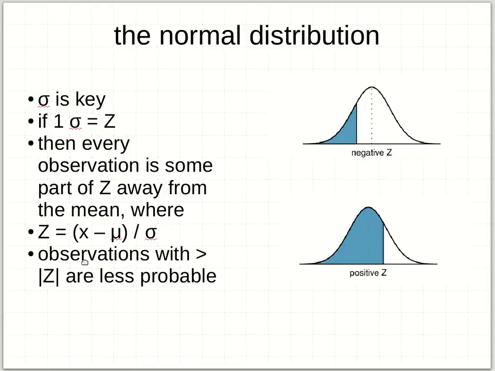And observations with an absolute value of z that are greater than some number are then less possible. So if I wanted to think about a low probability, let's think about it this way. If you take your score on an ACT, you get a percentile score, right? So this would be a relatively low percentile score on an ACT or SAT, GRE exam, something like that.